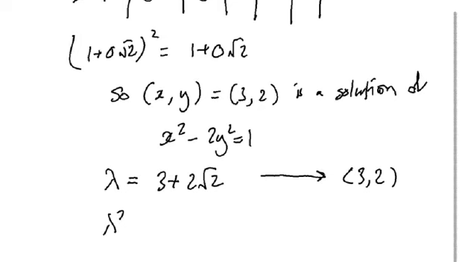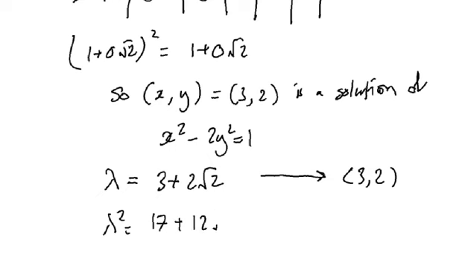I get lambda squared is equal to 17 plus 12 root 2. You can check that if you like. 3 squared is 9, 2 root 2 squared is 8, so 9 plus 8 is 17. 3 times 2 times 2 is 12. So that gives me another solution.